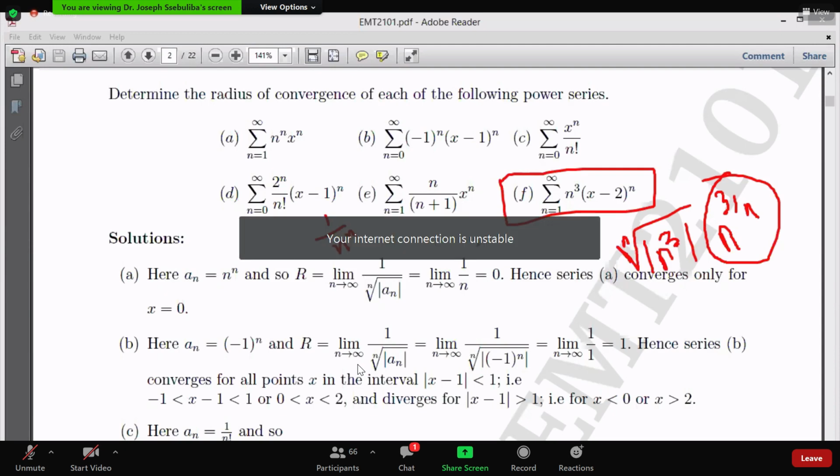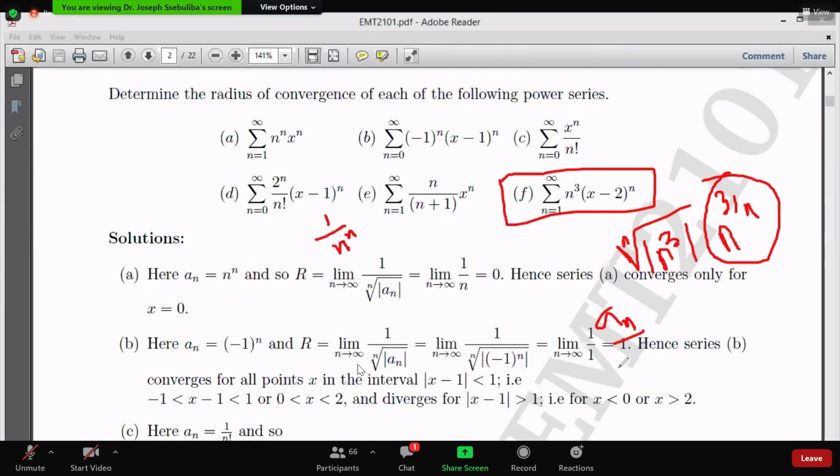But since we have the definition of the ratio test, which is an over an plus 1, and we already have our an, which is n to the 3, then for a scenario like this, we could use either of the 2. I don't know whether I'm clear there.